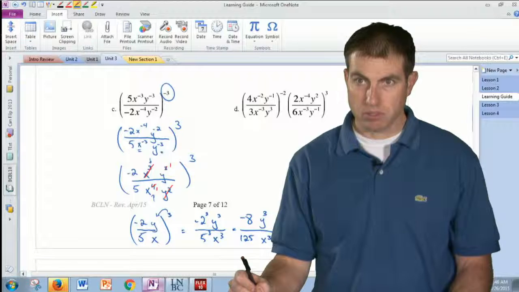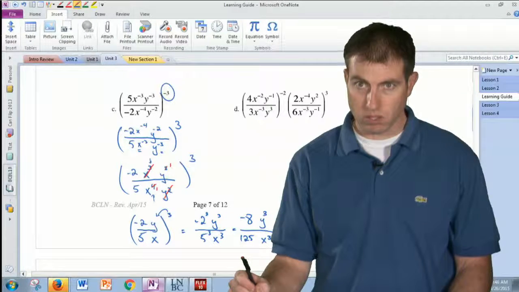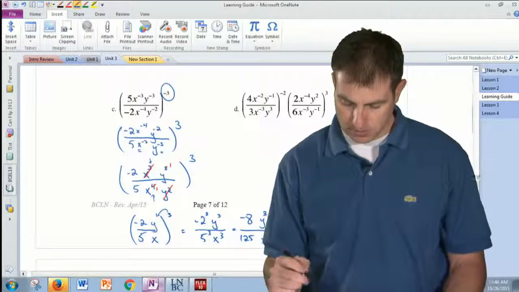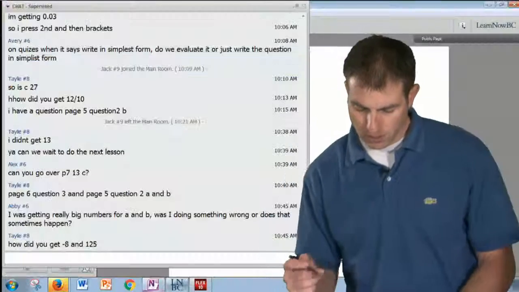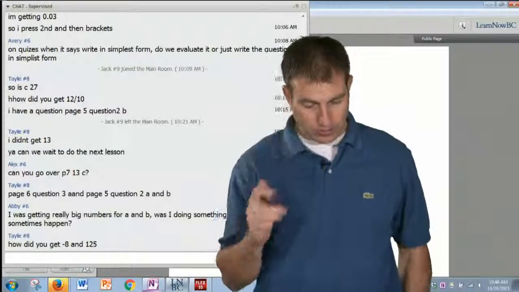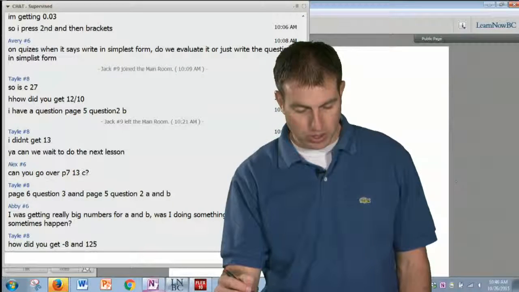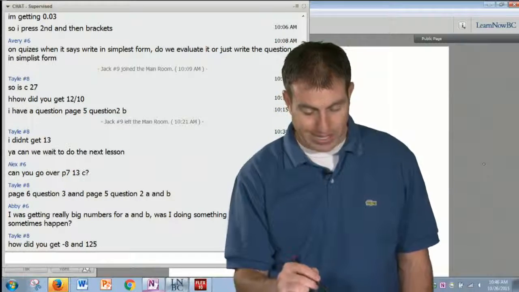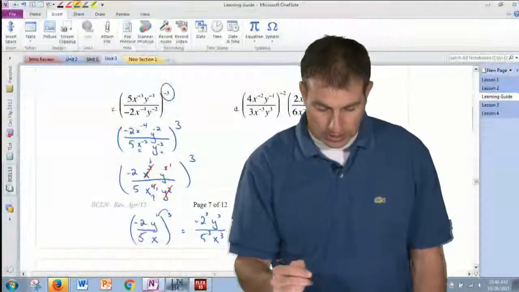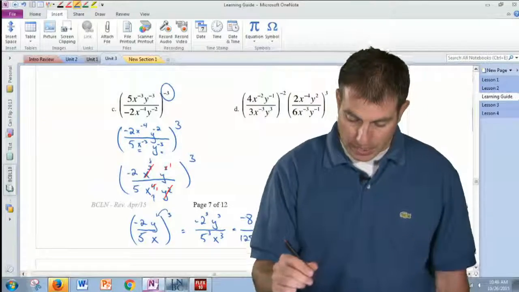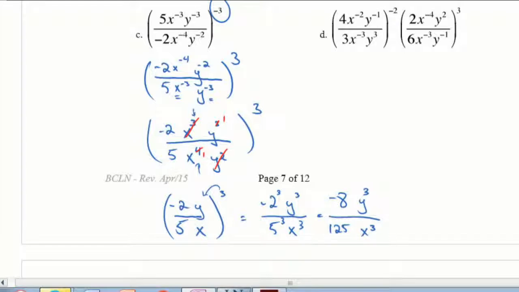I was getting big numbers for A and B. Was I doing something wrong? For this same question, Abby, I assume you're talking about the number we're on here. And then Taylor, you have a question about the 8 and 125. The 8 and 125, Taylor, comes from this 2 to the 3rd power and 5 to the 3rd power.